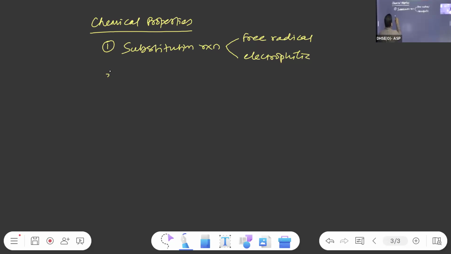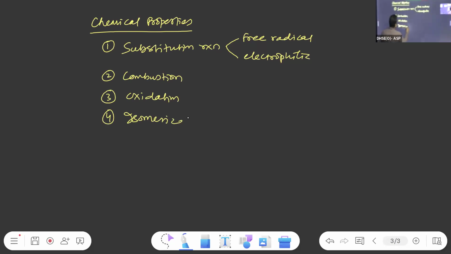Second, combustion reaction, then oxidation reaction, then isomerization reaction, then pyrolysis reaction.